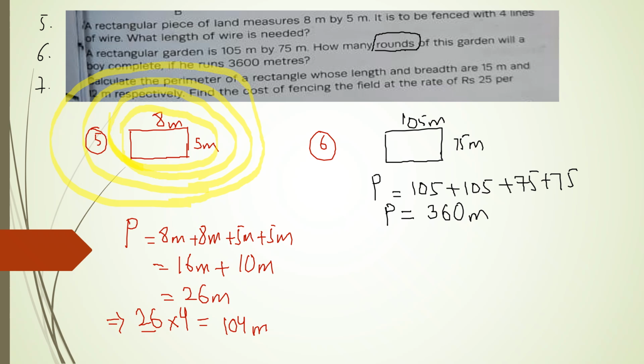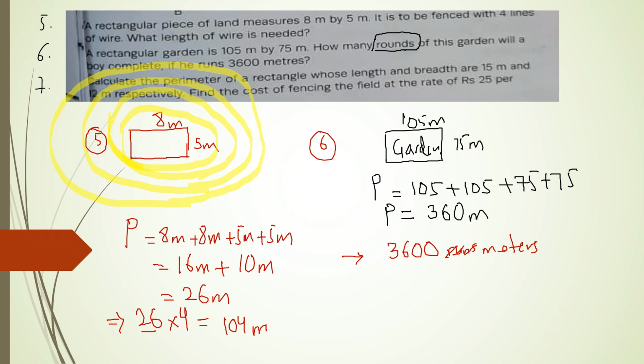So this is the perimeter of the garden, right? Now the boy, if he runs 3600 meter, this is the total he is talking about. He runs 3600 meters, right?